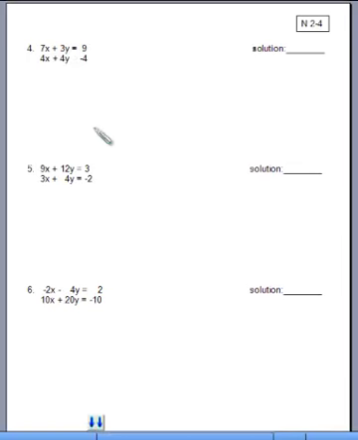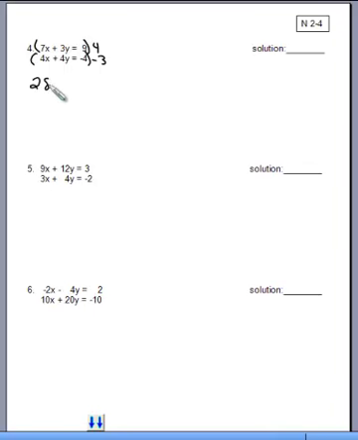Okay. Again, use an appropriate method. Well, I don't see a coefficient of 1, so I'm going to go elimination for this one. But I have to make one of these match. Well, if I multiply, looking at the y's, if I multiply this one by 4, I have 12y. And if I multiply this one by negative 3, I have 12y. So let's do that.